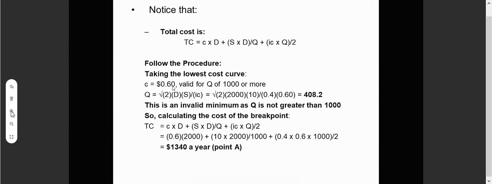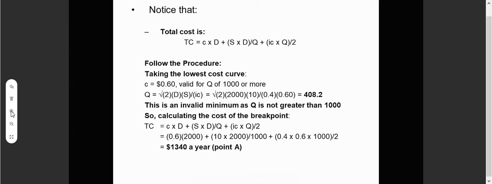The unit cost is 60 cents, and this unit price is only valid for an order quantity of 1,000 or more, which means that if we would like to get the price of 60 cents, we need to buy 1,000 units or more from our supplier. If not, the price will change based on the quantity ordered.